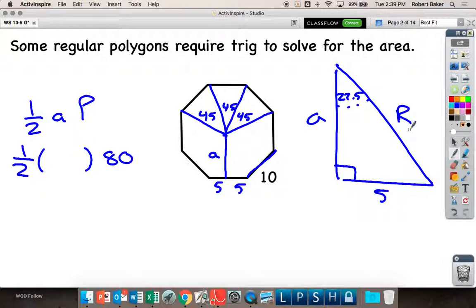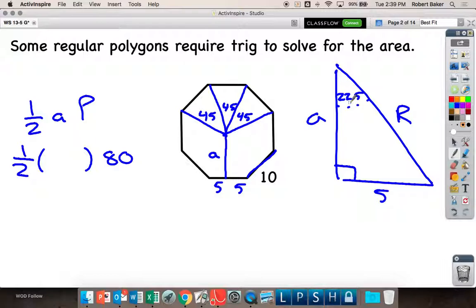Is there anything special that happens in a 22.5, 67.5, 90 right triangle? No. So the only way to solve for a missing value is to use your old friend trigonometry. Hence the topic, using trigonometry to find the area of a shape.